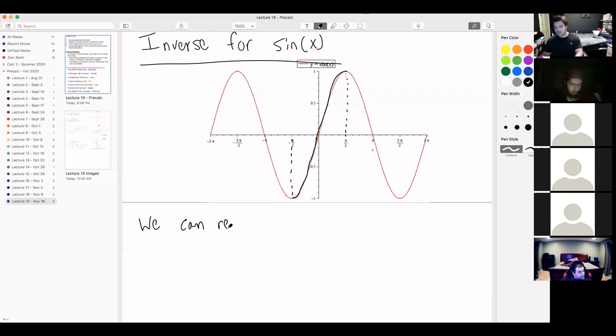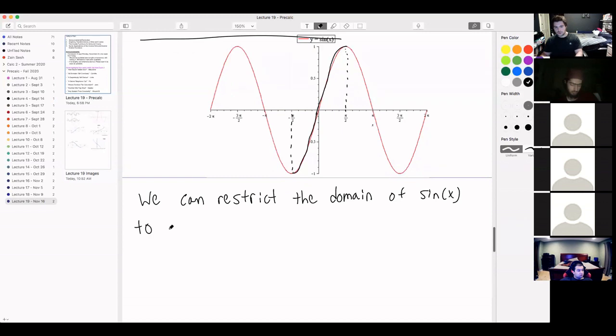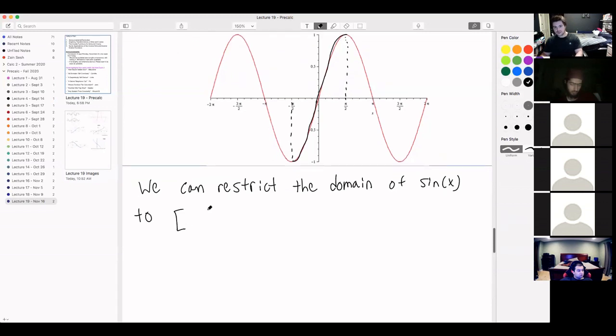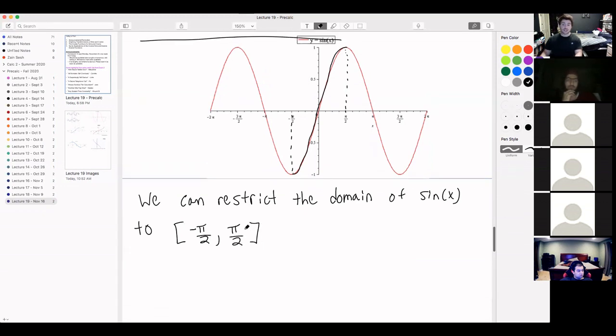We can restrict the domain of sine of x to minus pi over 2 to positive pi over 2. So I shrank the domain by a lot. Originally, the domain of sine of x is all real numbers. I just made it this closed interval, minus pi over 2 to pi over 2.